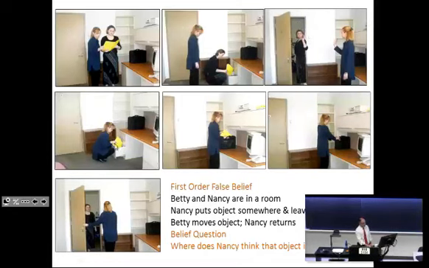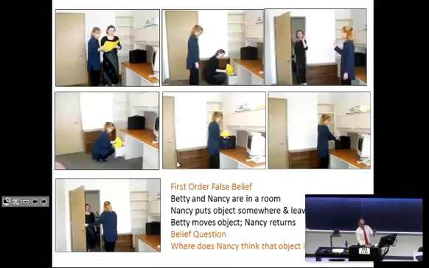When the person's gone, the person who's still there takes the folder and puts it somewhere else. But the other person doesn't see that, okay? And then the person comes back. So the question is, where does this person think that this folder is?